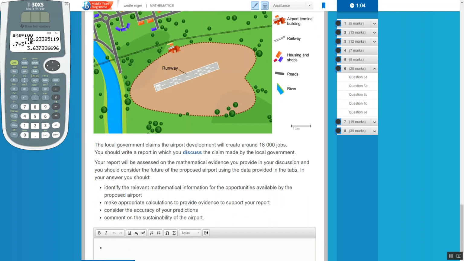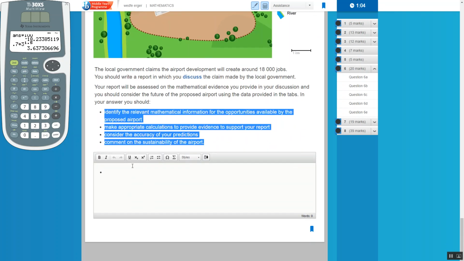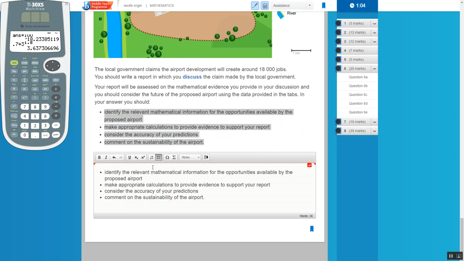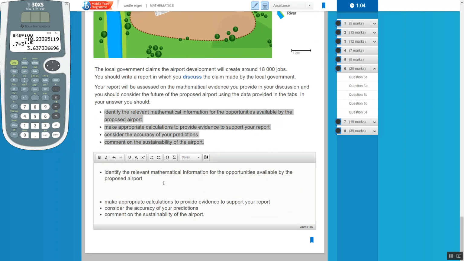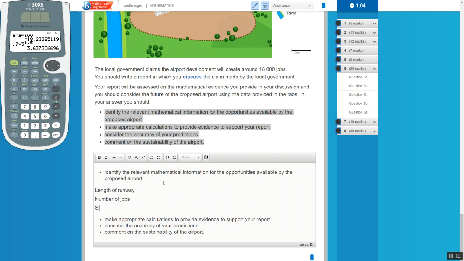Okay, this last part, we have to talk about the pros and cons of building an airport. So copy and paste this in. Identify the relevant mathematical information. So 2 marks for this. We could talk about length of runway, number of jobs, size of aircraft.